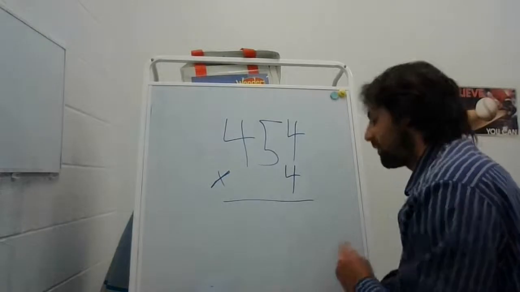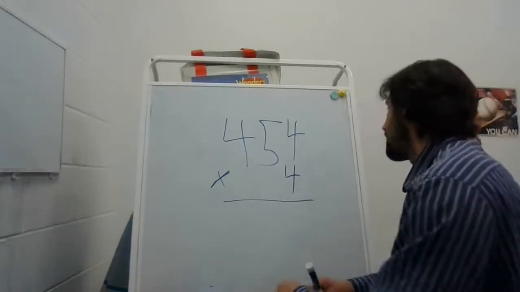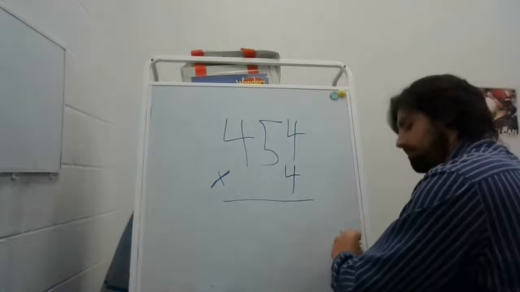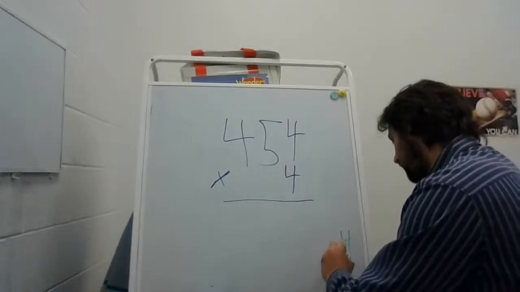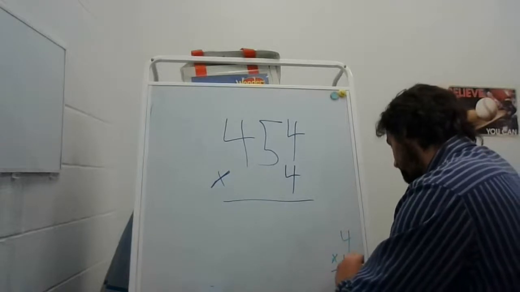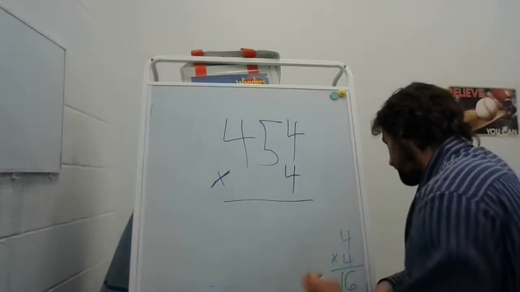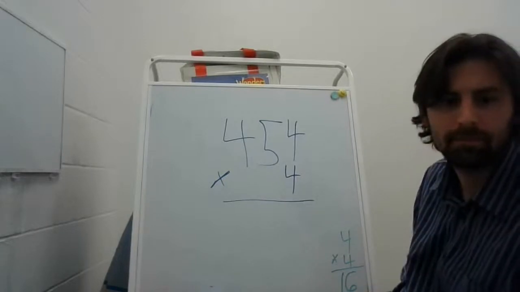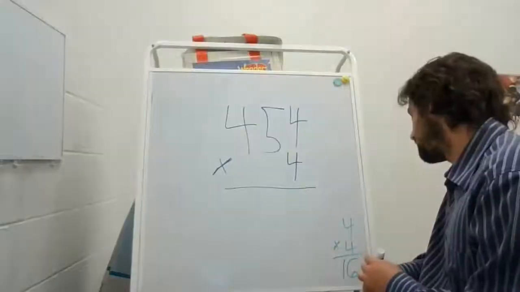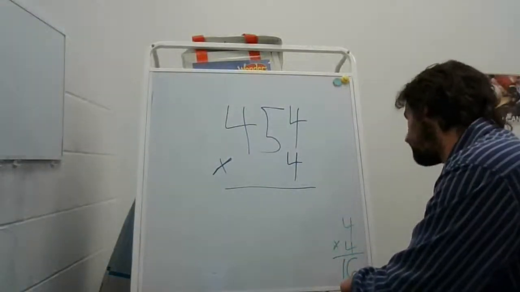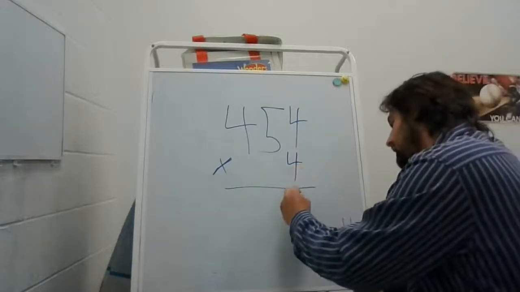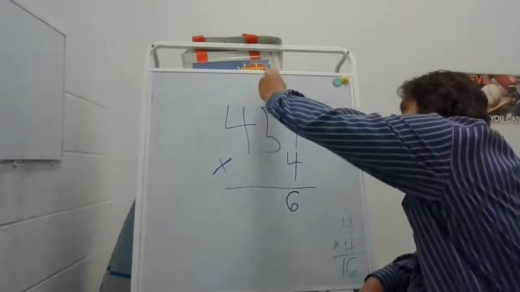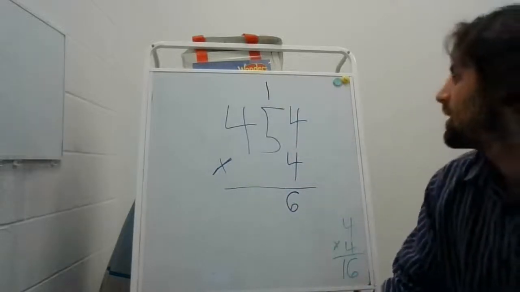So we're going to start off by multiplying 4 times 4. 4 times 4 equals 16. So again, when the product is 10 or more, we need to regroup. So 16 is more than 10. The 6 in 16 is going to go in the ones place. The 1 in 16, we're going to carry that over to the tens place.